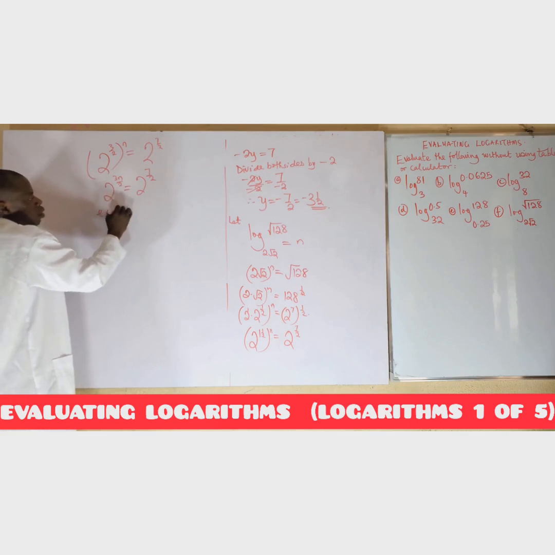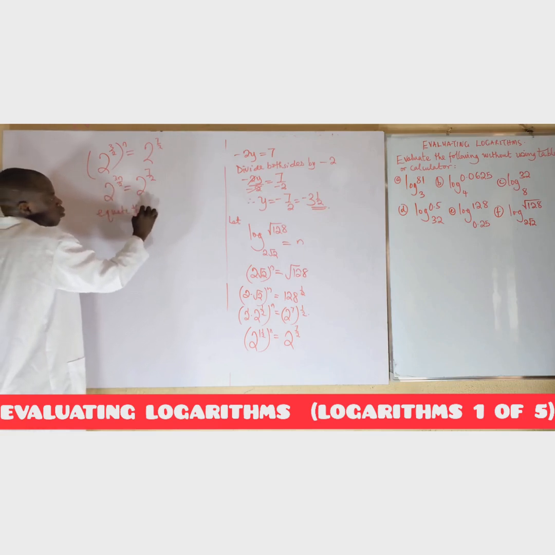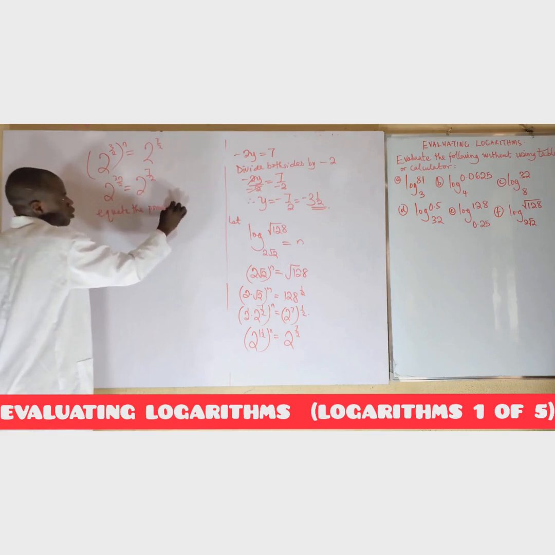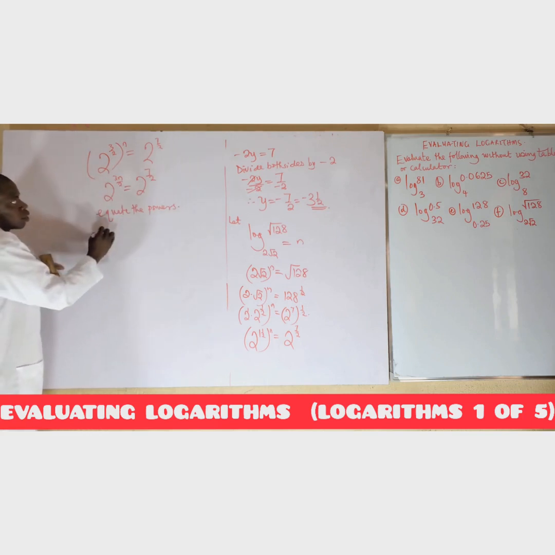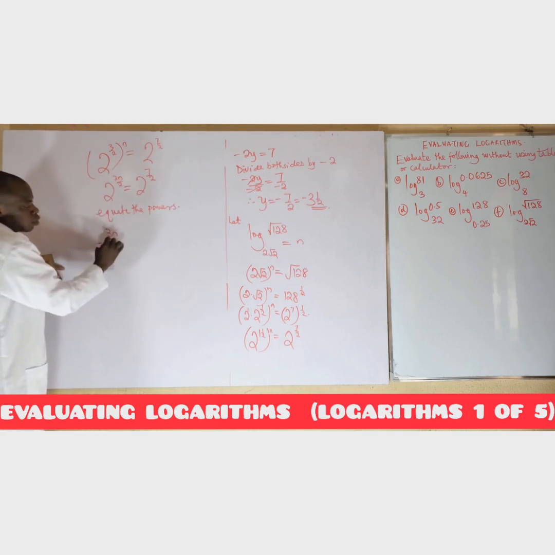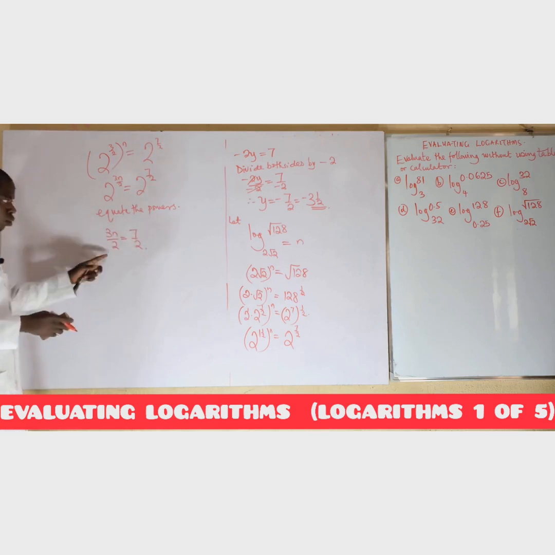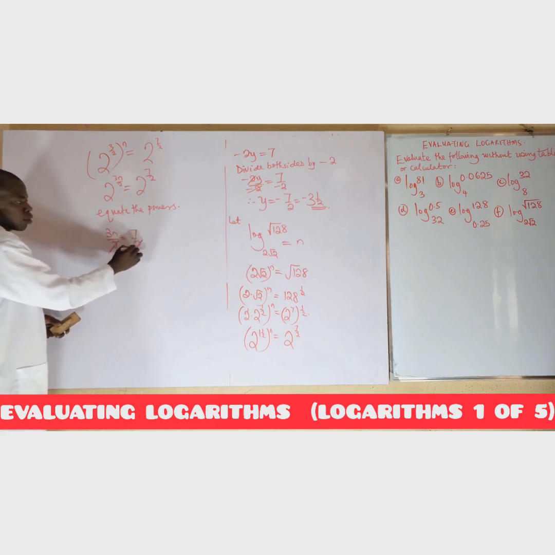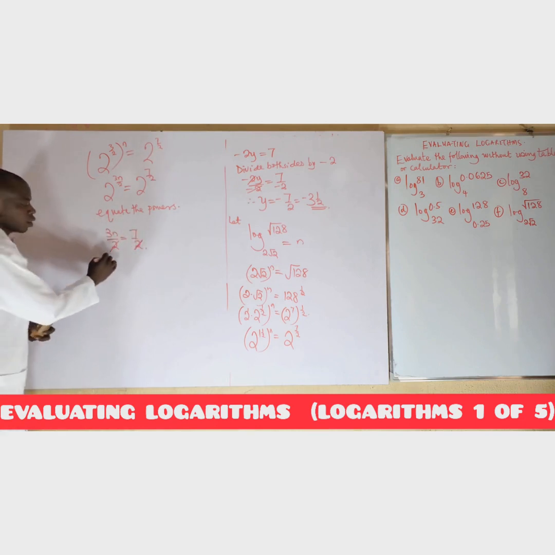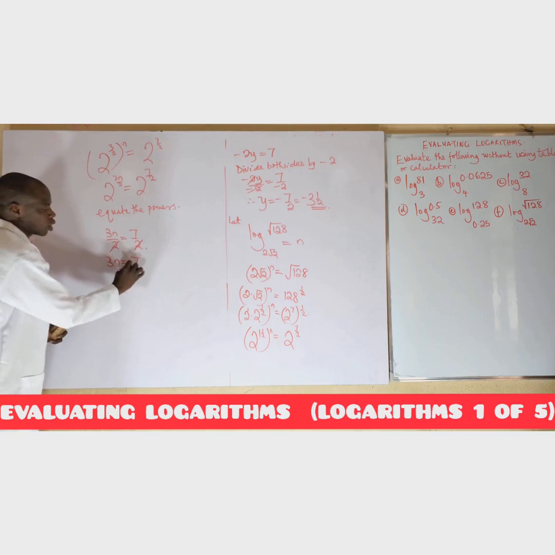Equate the powers since the bases are equal. So you're having 3n over 2 equals 7 over 2. Now we are having 2 and 2 here as the denominator. We can cancel that. 2 cancels 2 here. So you're having 3n equals 7.